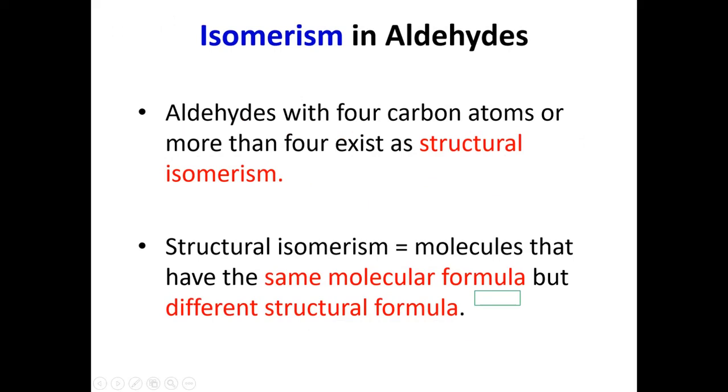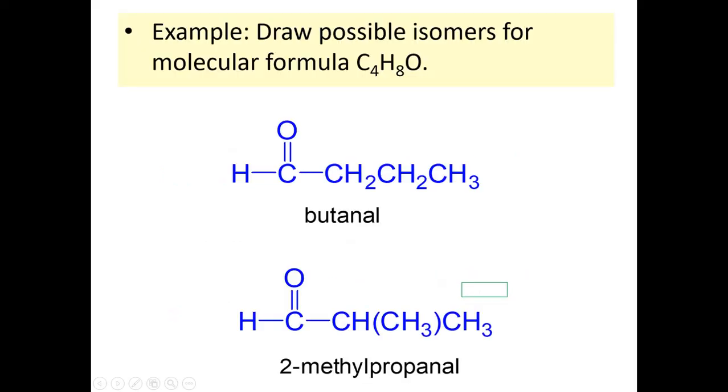Isomerism in aldehyde. Aldehydes with 4 carbon atoms or more exist as structural isomers. Structural isomerism, or molecules that have the same molecular formula but different structural formula. For example, here you need to draw possible isomers for molecular formula C4H8O.